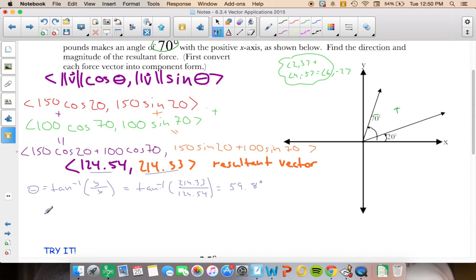So to find the magnitude of the resultant force, I'm going to do the square root of the x component squared plus the y component, also squared. And that's what I'm looking for.